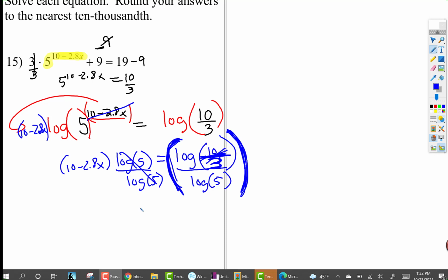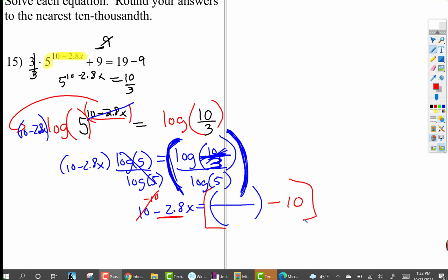And then when we have 10 minus 2.8x is equal to all of that, first thing I'm going to do is subtract 10 on both sides. Ooh, we still have stuff to do. So now this is going to get a big bracket, because now the subtract 10 is part of this numerator. Maybe that's a good way to look at it, the numerator will have a set of brackets, or in your calculator, a set of parentheses, and then we'll divide both sides by negative 2.8.